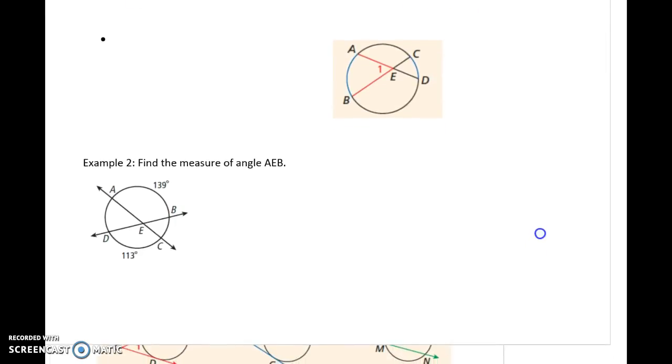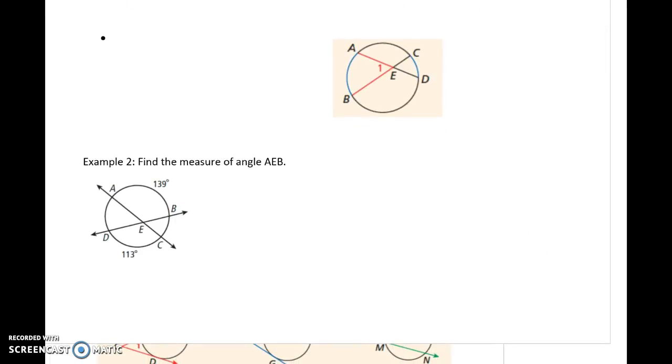So the second theorem now deals with an angle with a vertex, notice now, in the interior of the circle. Make sure you notice this is not necessarily the center. It could be the center, but it doesn't have to be, so we don't want to assume anything.